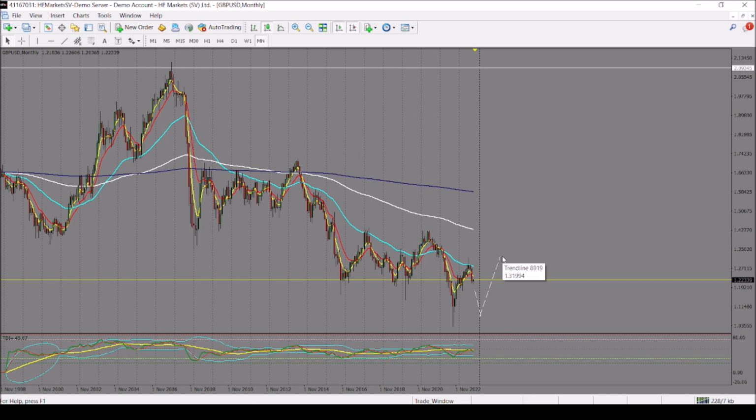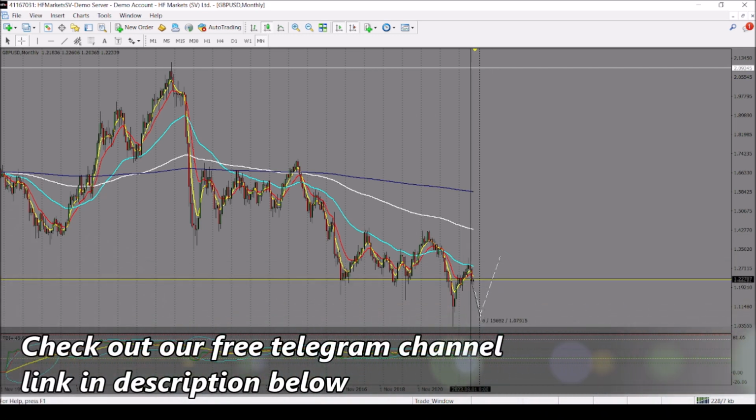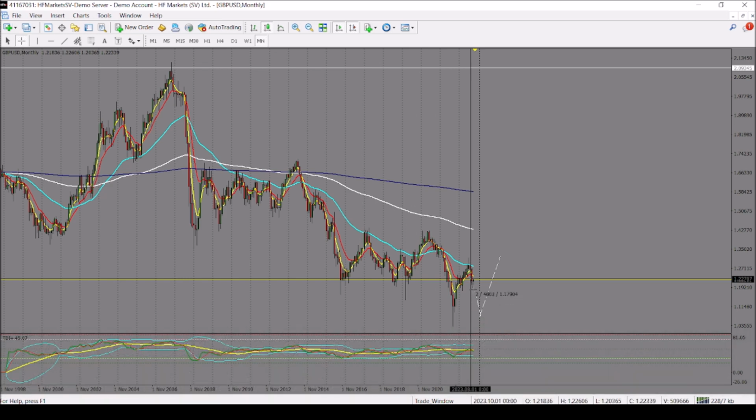However, this is a monthly time frame, and this particular move is a very big move on the smaller time frames. If we measure the anticipated move, it's almost 200 pips, which is worth it for us to get entries on the smaller time frames.